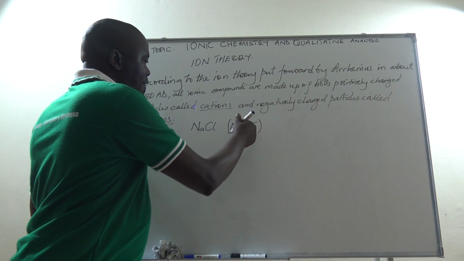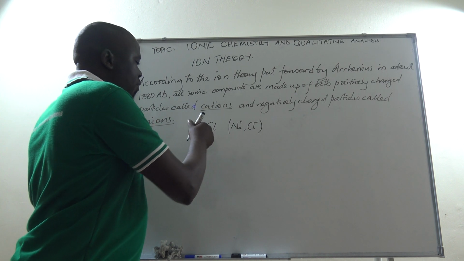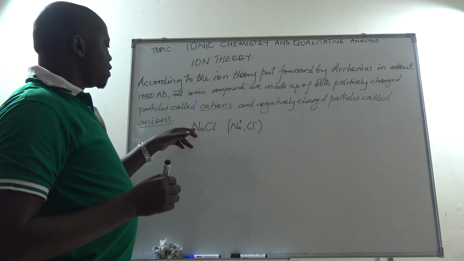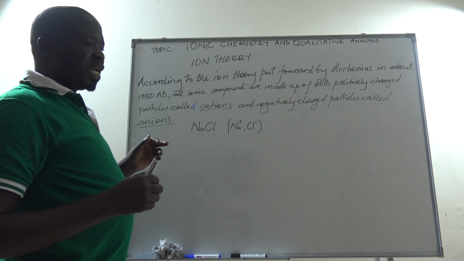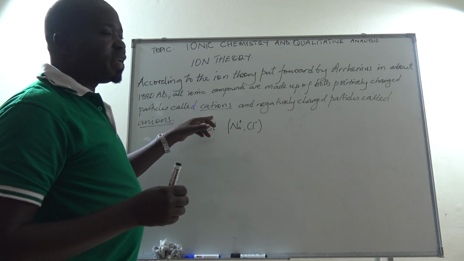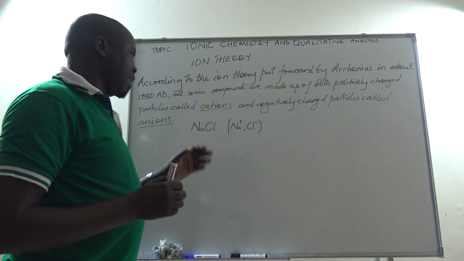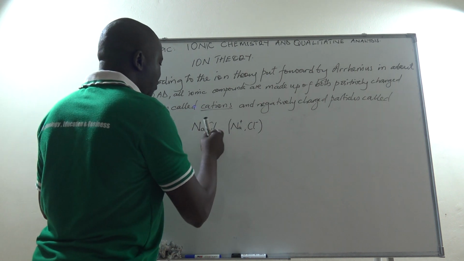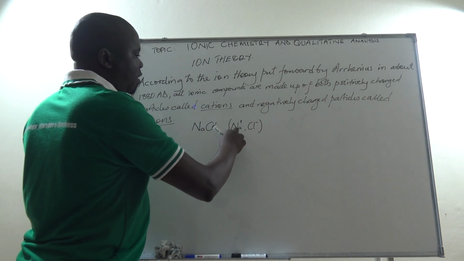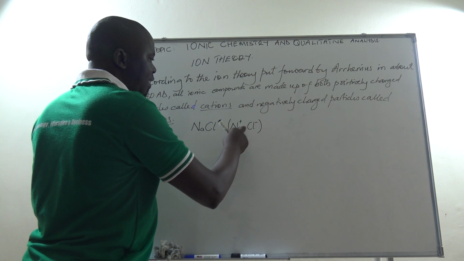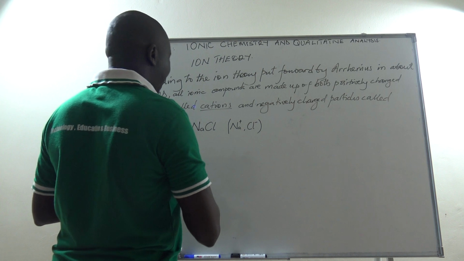So both of them are found in this ionic compound called sodium chloride. I want us to remember that an ionic compound consists of the ionic bond, and it is formed between an atom of a metal and that of a non-metal, or a group of atoms of non-metals. So it is made up of ions, the positive ion or the cation, and the negative ion called the anion.